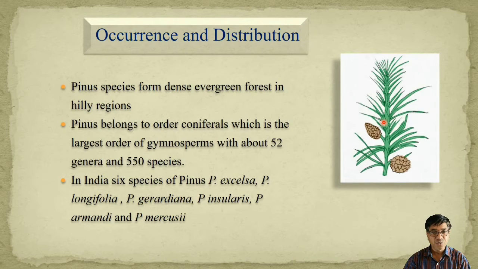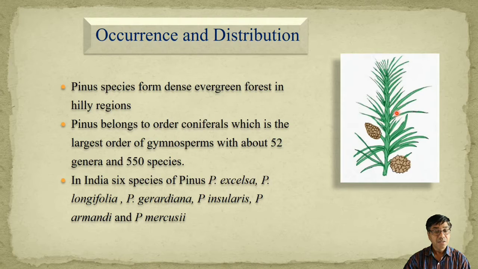Pinus belongs to order Coniferales, which is the largest order of gymnosperms, with about 52 genera and 550 species. Pinus trees are the dominant plants in many cool temperate regions.